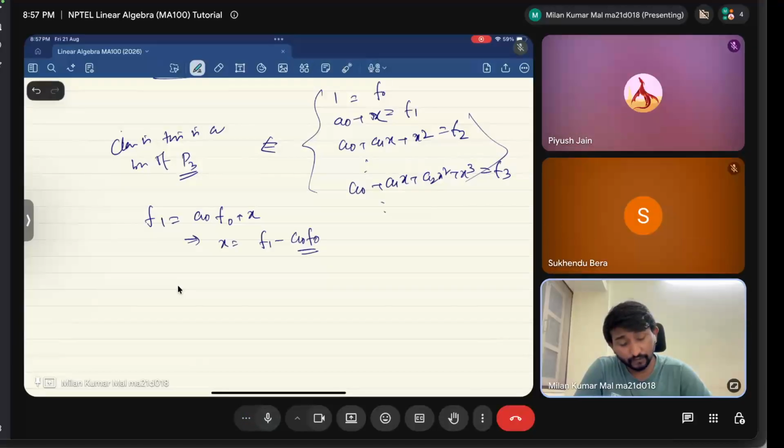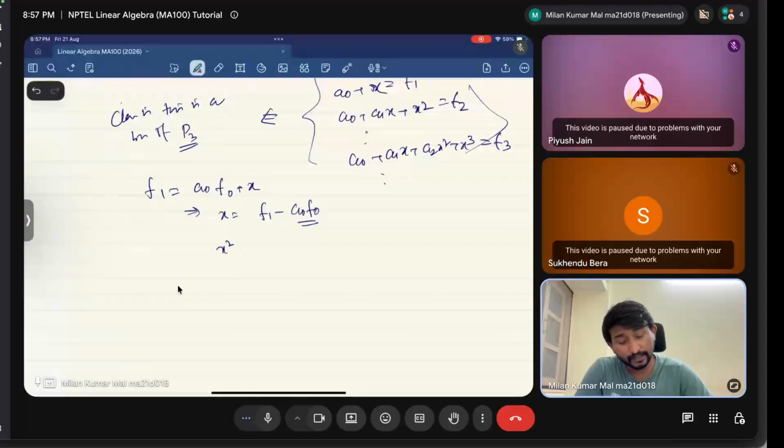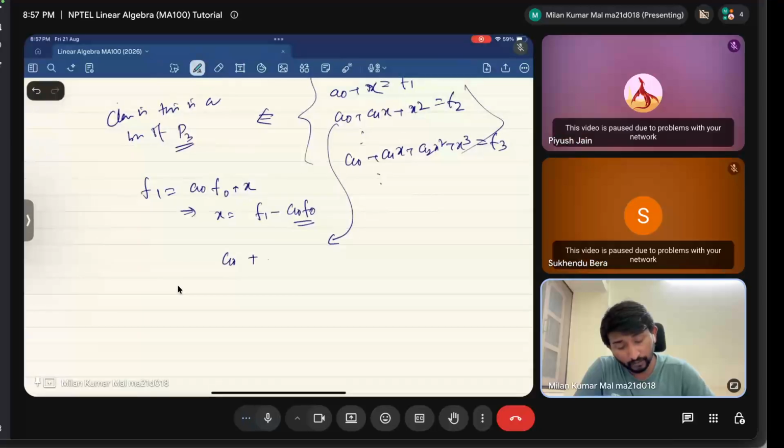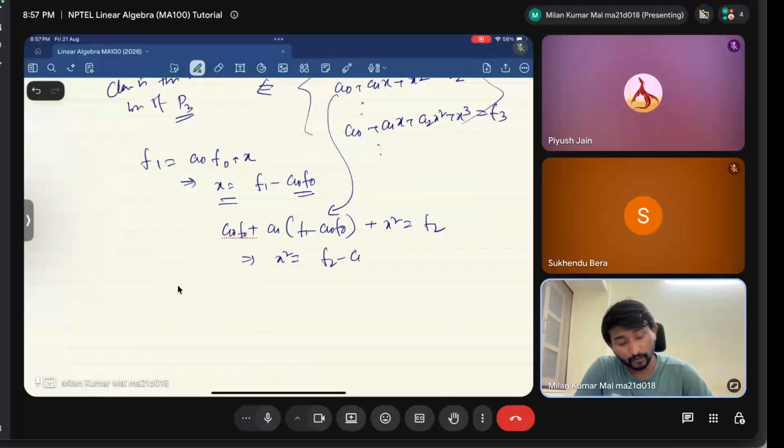Again, how will you write x square? If I write f1 minus f naught plus x square, that is equal to f2. That means we can write x square in terms of f2, f naught and f1.